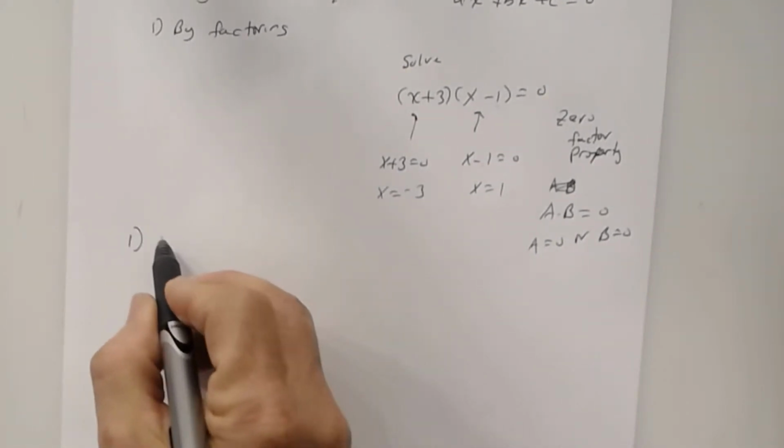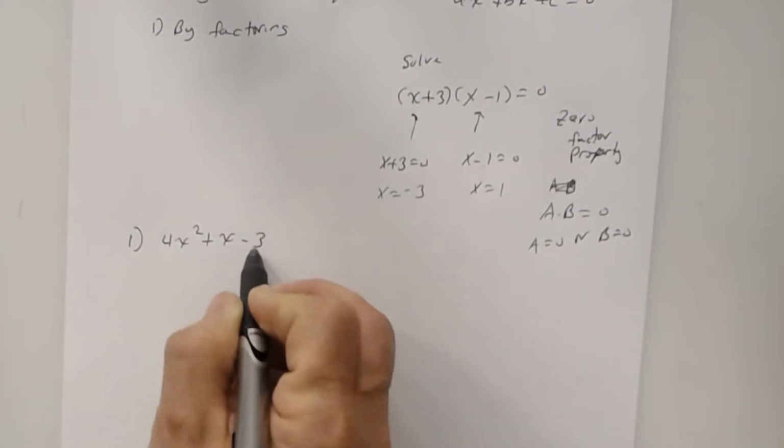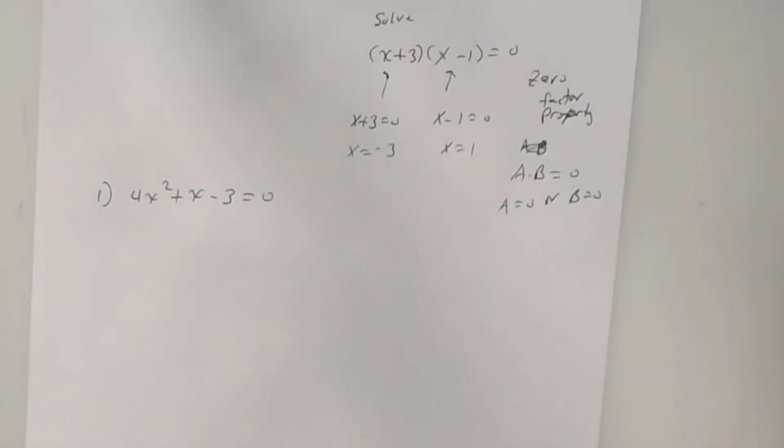First one: 4x squared plus x minus 3 equals 0. What kind of equation is this? Quadratic. When you're solving a quadratic equation by factoring, it's got to be in general form.